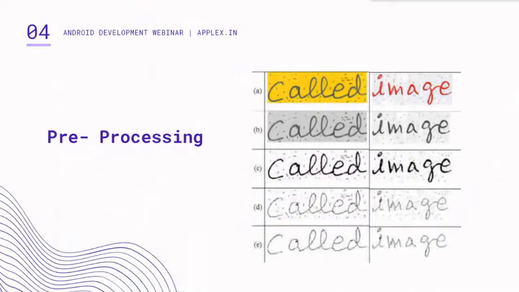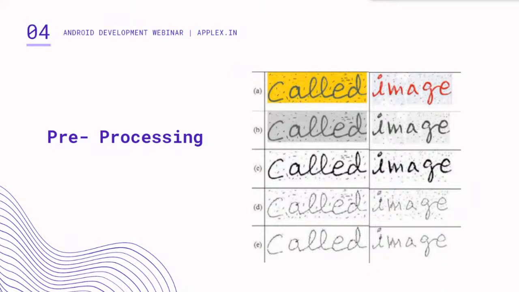I'll not go into the technical terms like matrix formation, binarization, noise removal, skeletonization, etc. But it is actually the conversion of an image into black and white format, then removing noise and converting into a skeleton format. Skeleton format means the basic format of characters.